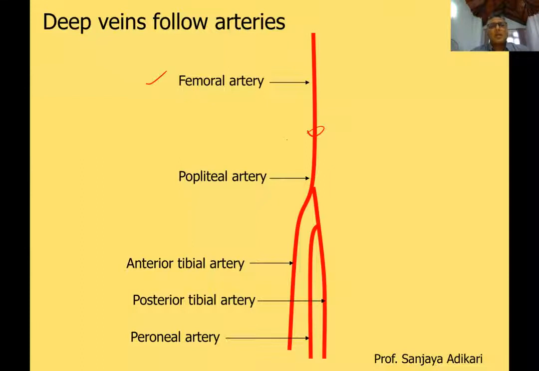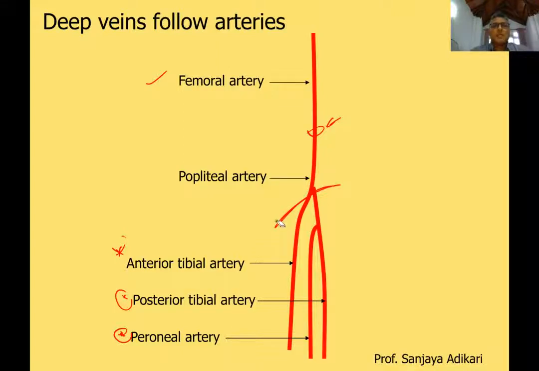The popliteal artery extends from the adductor hiatus to the soleal arch, where it divides into the anterior and posterior tibial arteries. Then as a branch from the posterior tibial artery, the peroneal artery is given off.